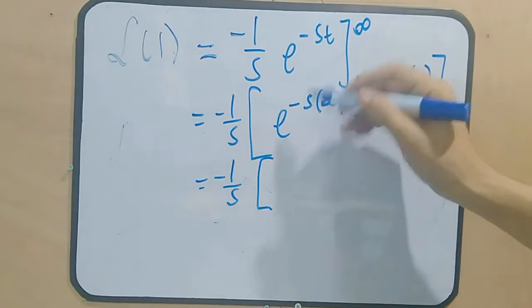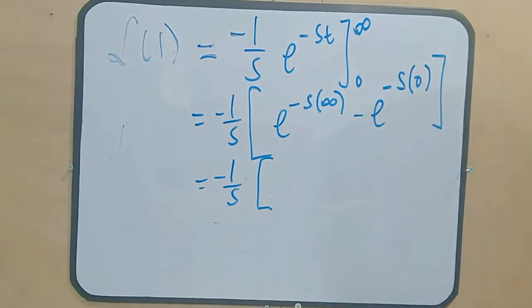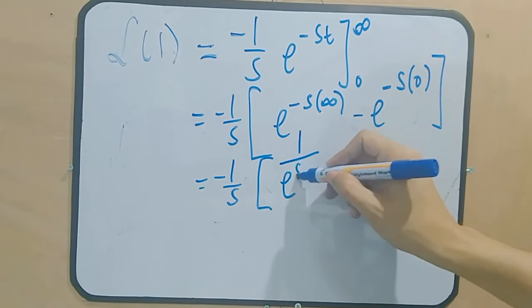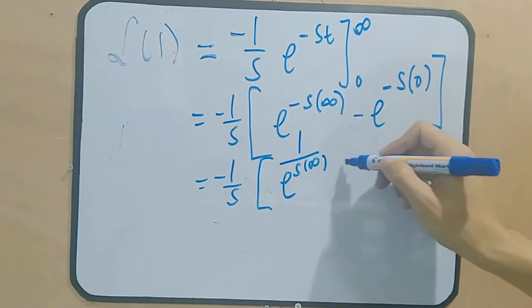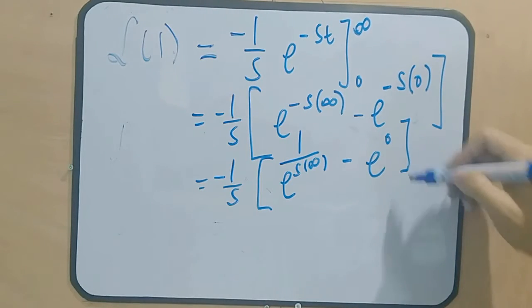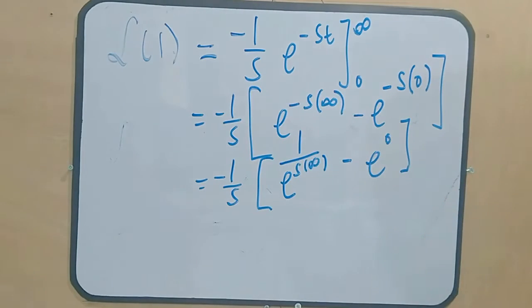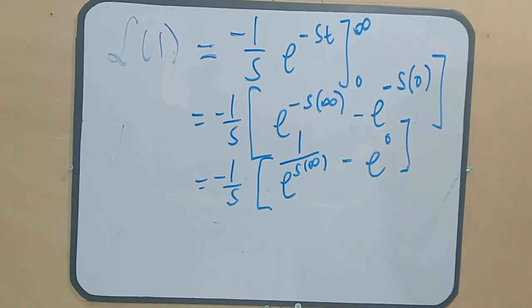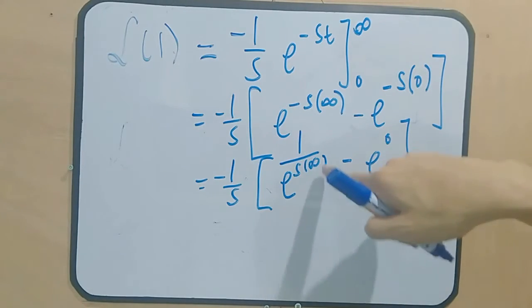So basically guys, this is just e raised to negative infinity. So pwede natin siyang ibaba guys. So magiging positive yung exponent. So this will become 1 over e raised to s times infinity. So minus, ito guys, e raised to 0. Now, if you divide 1 to e raised to infinity, so that is basically just equal to 0. So 1 divided by infinity is 0. So ito guys, this is an infinity expression.